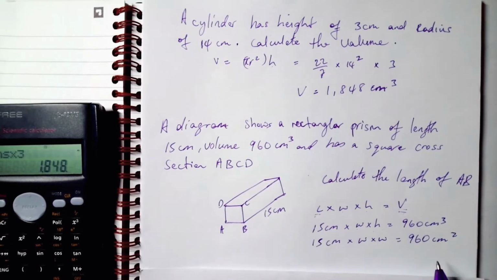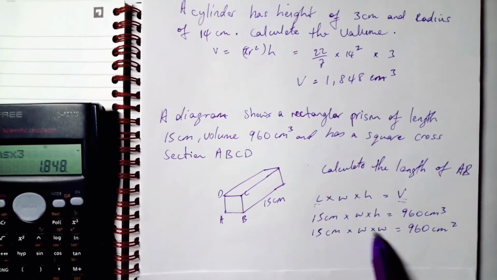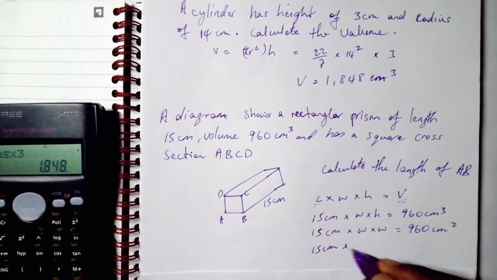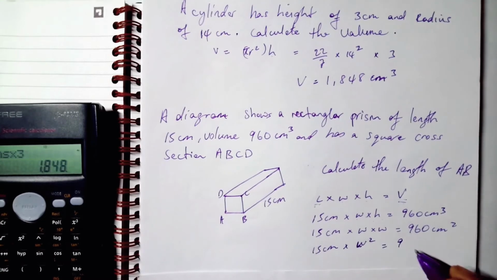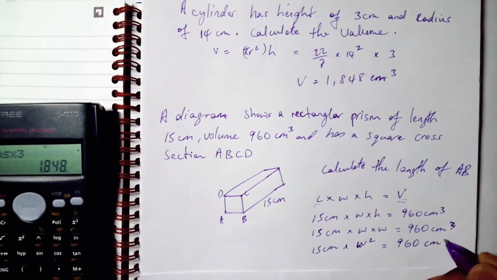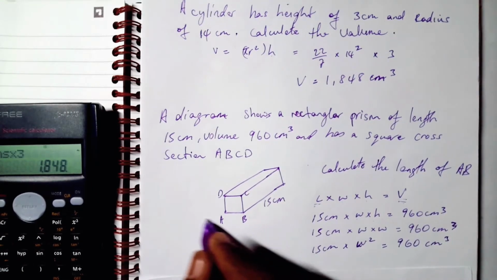Because they're the same, we can write it as W squared. So it's now 15 centimeters times W squared is equal to 960 centimeters cubed.